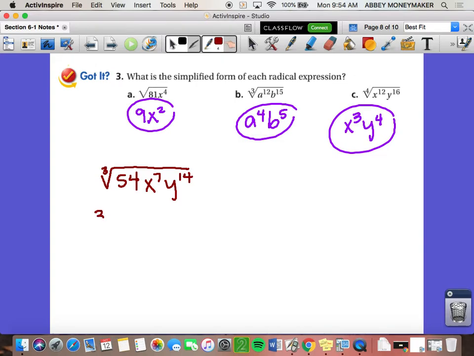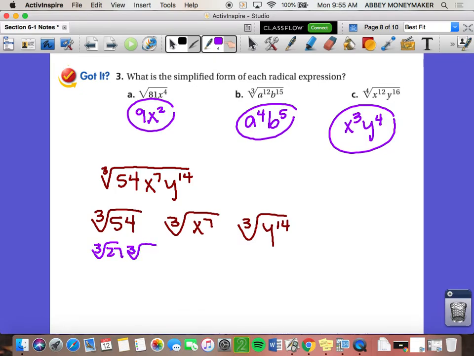So again, I'm going to start by breaking all of this apart. The cube root of 54 times the cube root of x to the 7th times the cube root of y to the 14th. So the cube root of 54 breaks down into the cube root of 27 times the cube root of 2. So that gives me 3 times the cube root of 2.